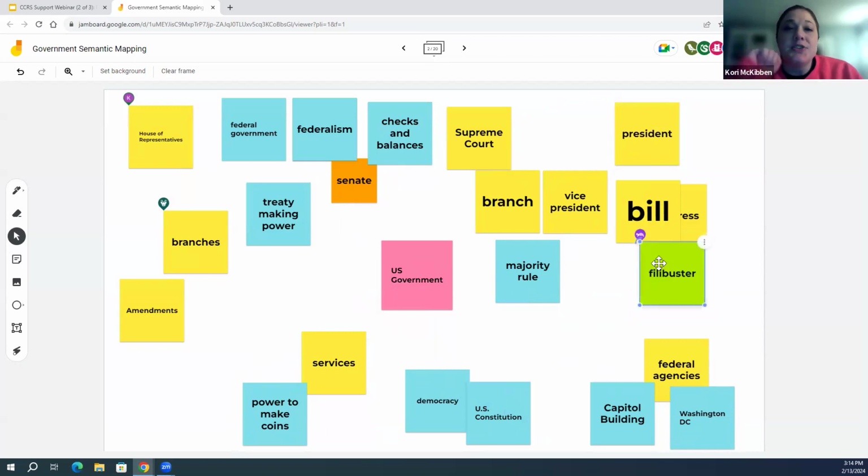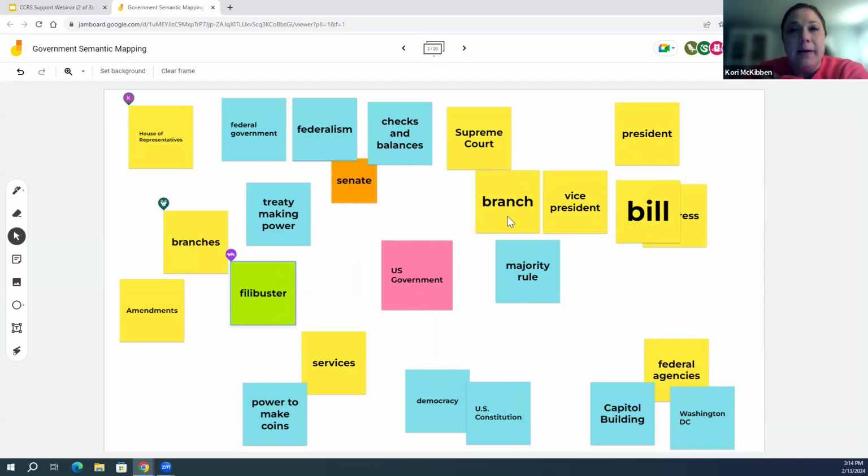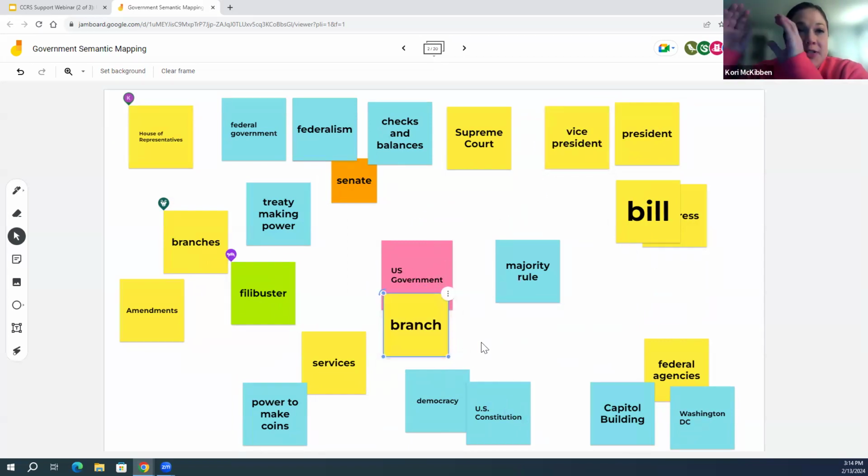So you would go ahead and sort out each of those and how they kind of connect together. And then, just as we had shown you on some of the other examples, you could then put those categories.